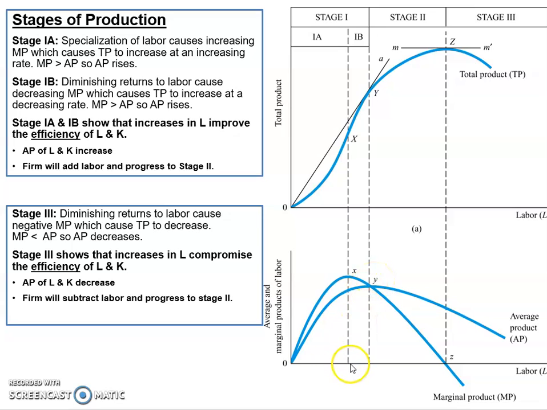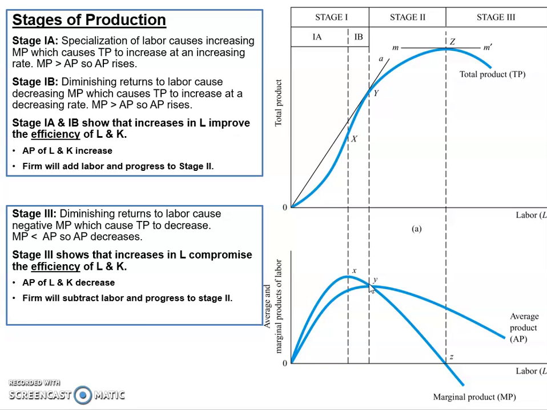Now, these workers in stage 1B are still adding positive marginal product, but it's decreasing over this period. So this is a phase where the benefits of specialization have been exhausted, and we're entering a new phase where workers are starting to get in each other's way, and hence we see diminishing returns. Note, though, that average product is increasing over this period.